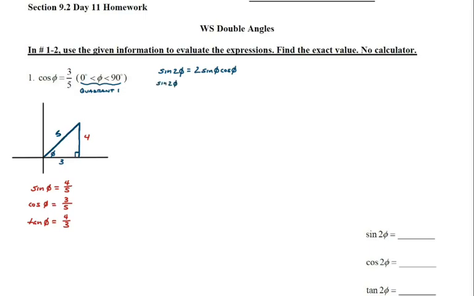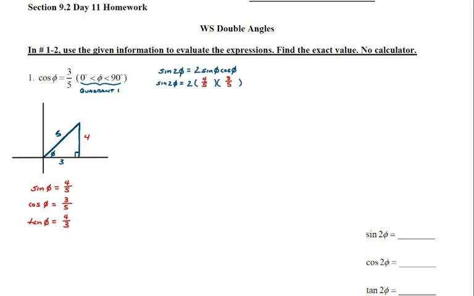So what I like to write would be equals 2 times 2 sets of empty parentheses, and what's going to go in those sets of parentheses would be the values I just found from my triangle. So sine of phi is 4/5 and cosine of phi is 3/5, and that's really what I'm putting in place in my double angle formula.